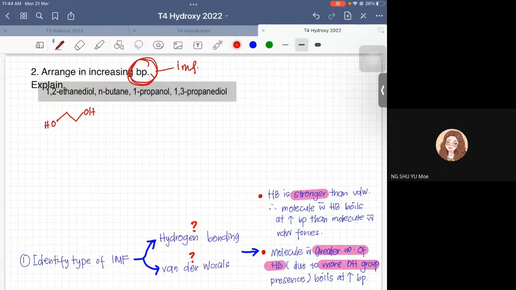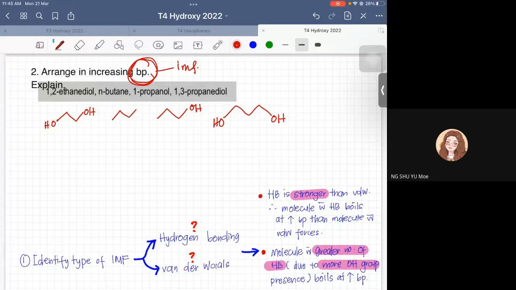Okay, this is ethane diol. And then n-butane is a normal butane. Propanol. 1,2-propanediol.